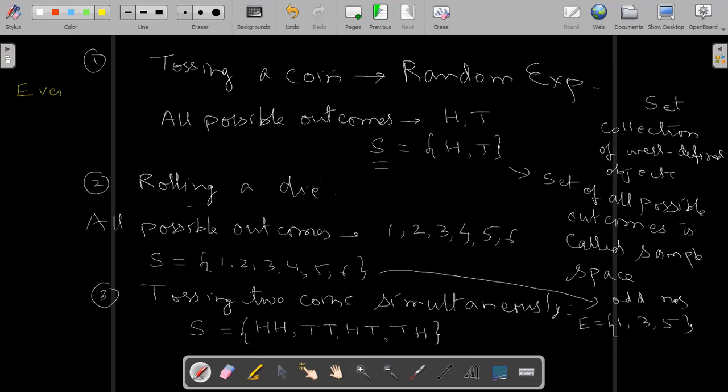An event is a subset of a sample space. Okay, so in this way, we are always finding the probability of an event.